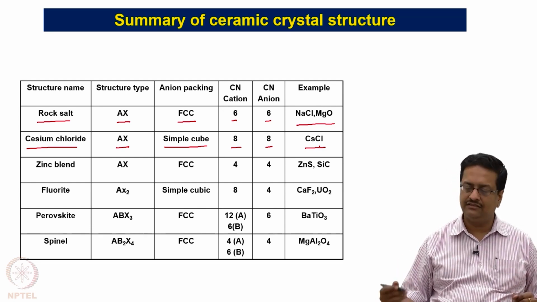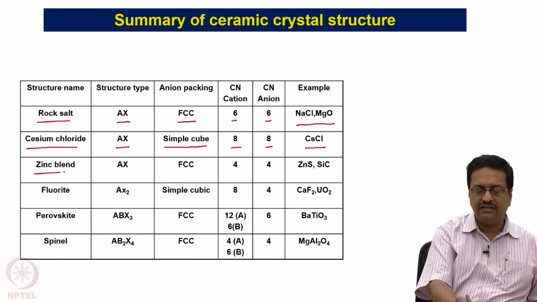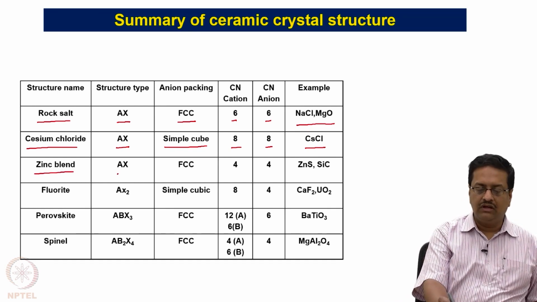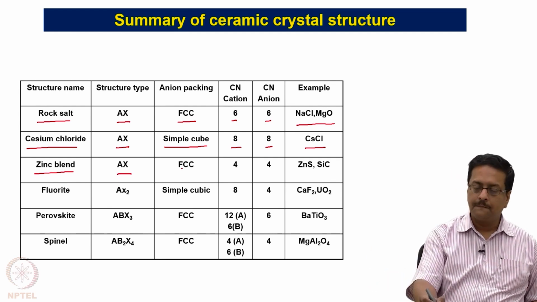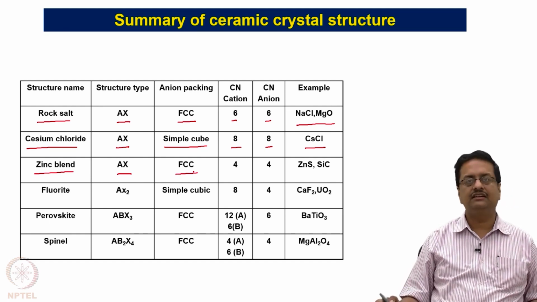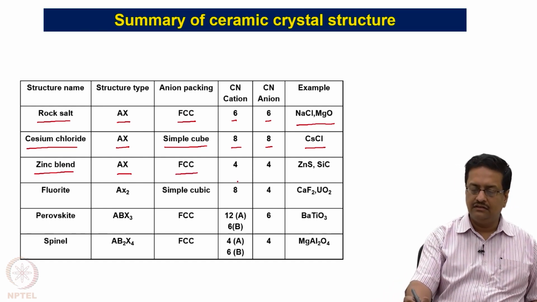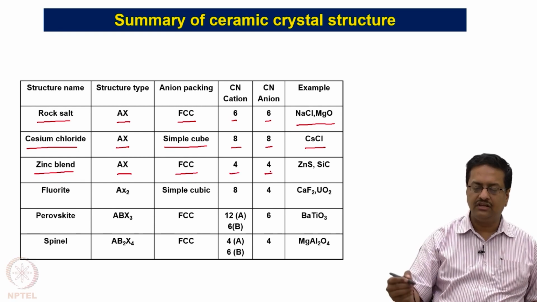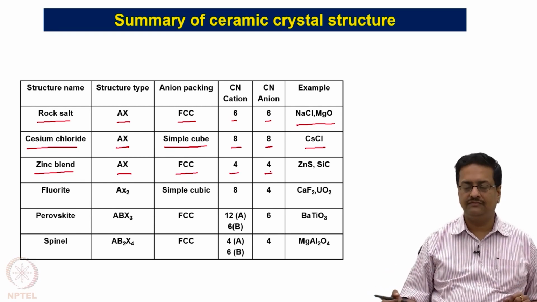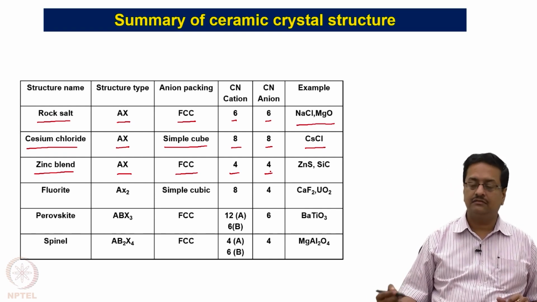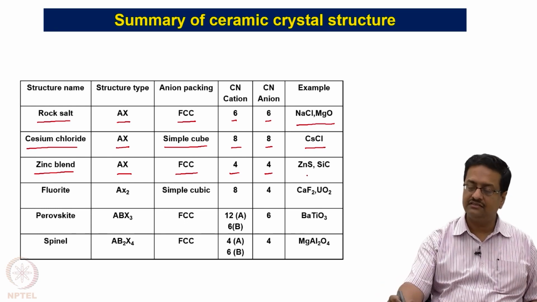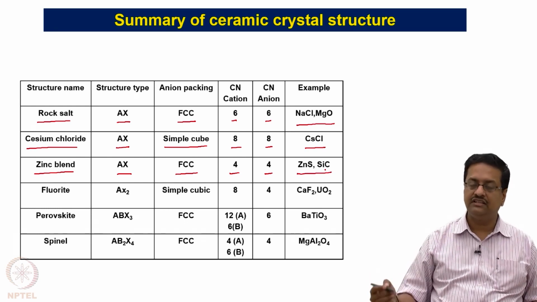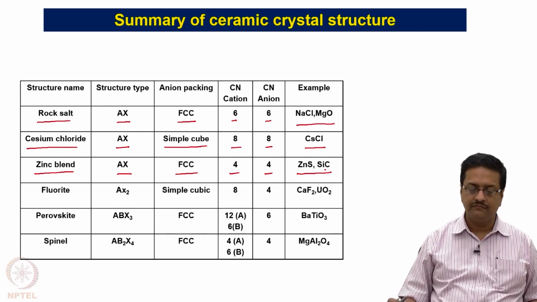The next type that we discussed is a zinc blende structure, where the formula is again AX, that is the stoichiometric formula, but this is a face centered cubic lattice where the coordination number is 4:4, that means anions are occupied in face centered lattice, cations are located at the tetrahedral interstitials. So, examples are zinc sulfide, silicon carbide, etc.